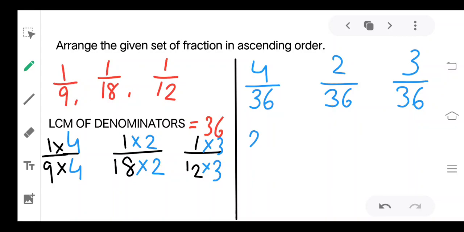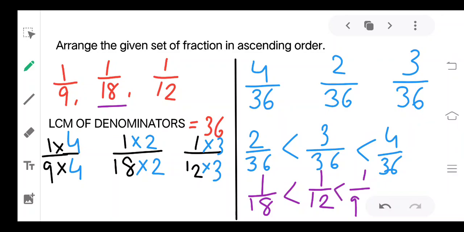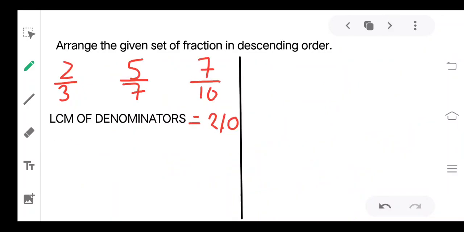So 2 upon 36, 3 upon 36, and 4 upon 36. So instead of 2 upon 36, I write 1 upon 18, then instead of 3 upon 36, I write 1 upon 12, and at last 1 upon 9. Now we move on to descending order.